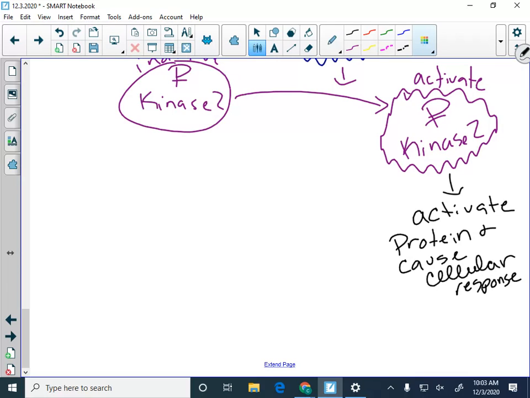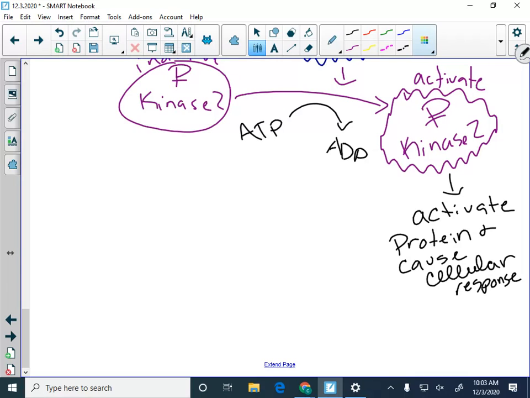Now, when protein kinases do work, so when protein kinase 1 activated protein kinase 2, it took an ATP, because that phosphate group is now on protein kinase 2.